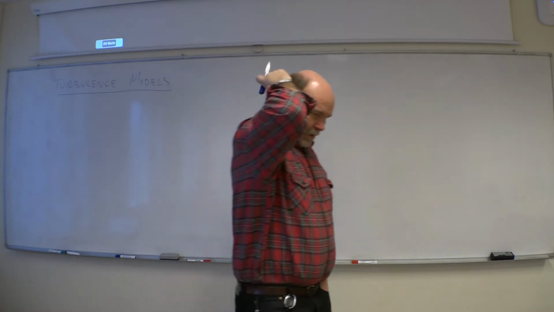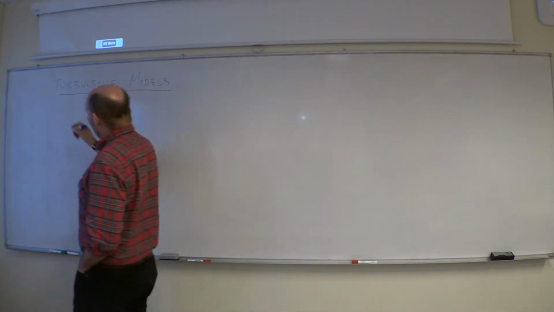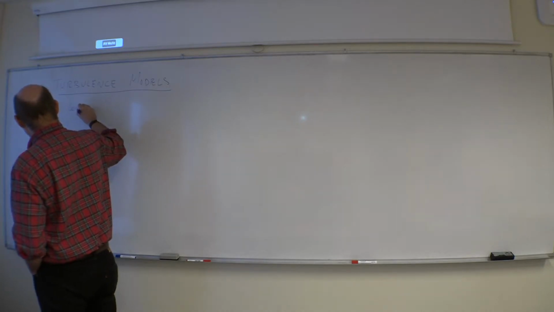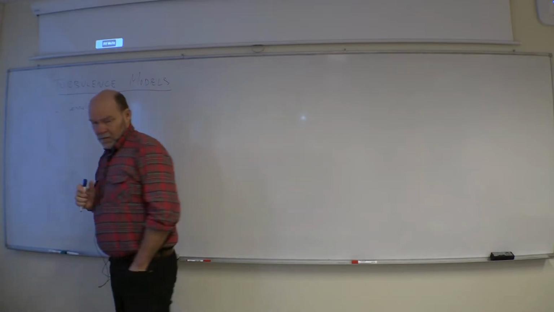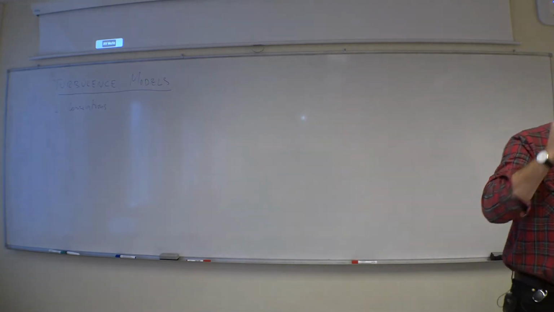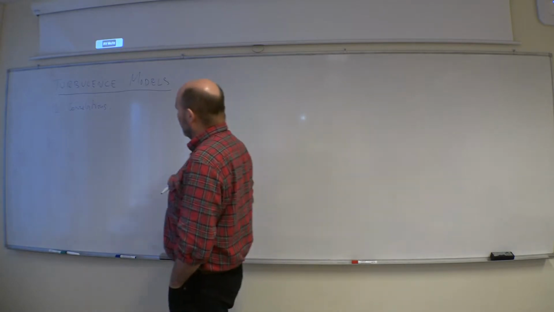The simplest family of models we can call correlations. So you start simulating something and you are running without any turbulence model, and then everything explodes. So what do you do?